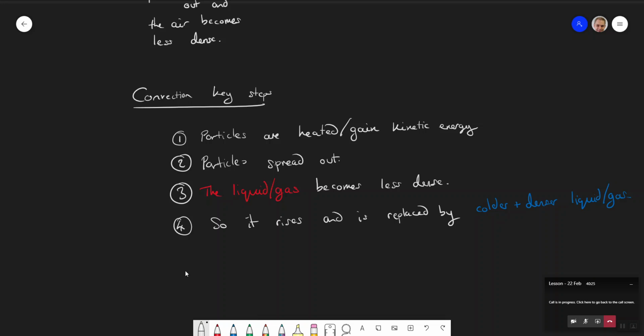And then, this sets up a convection current.